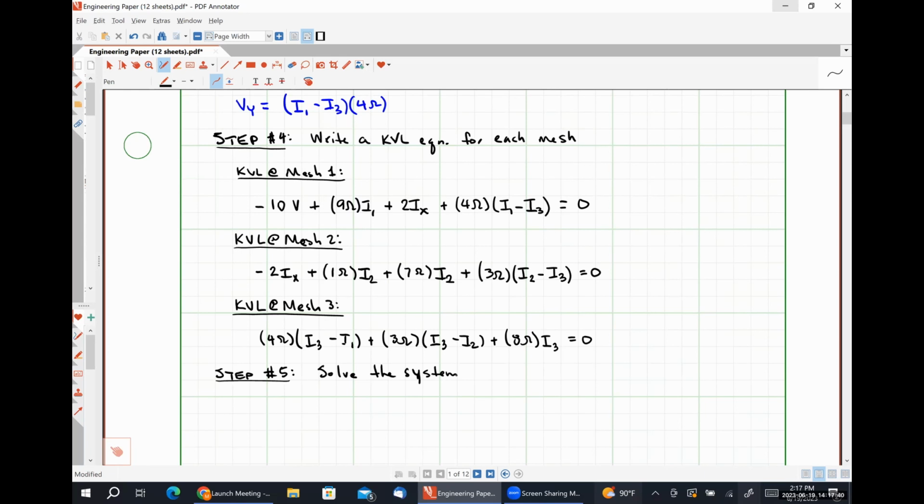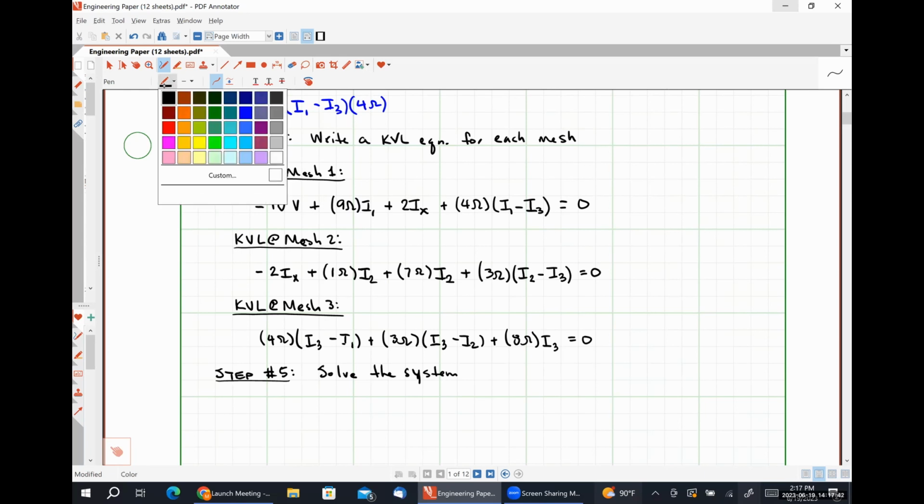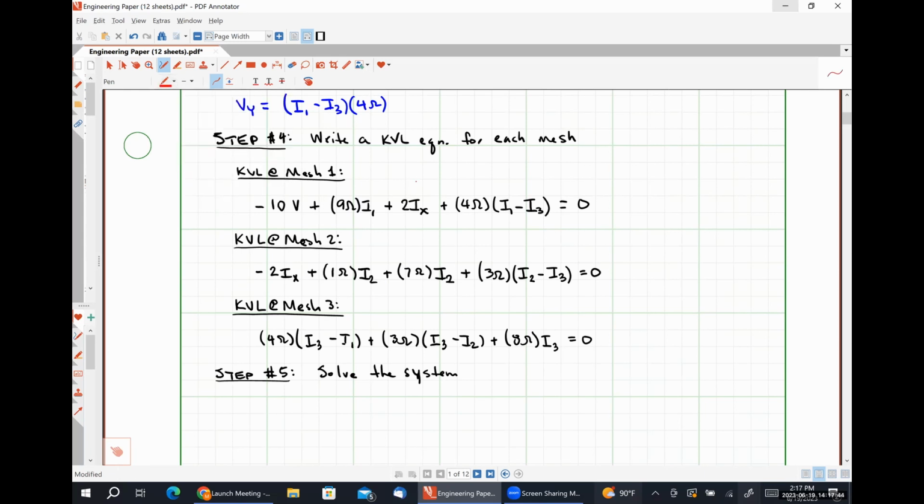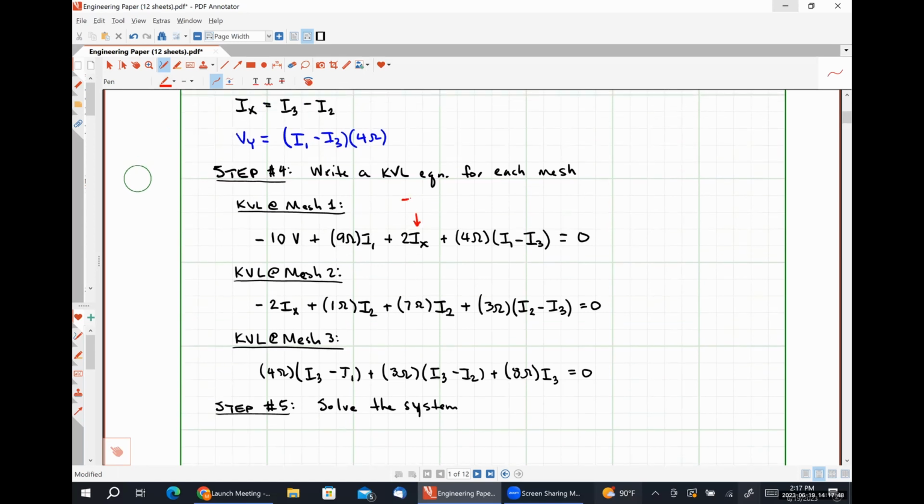So I'm going to do this as a 3x3 system where we know that IX is just I3 minus I2. So I'm going to make a note here. And I'm going to grab one of my multitude of calculators. Looks like it's going to be a TI for today. And talk you through how I'm setting up this system in my calculator.